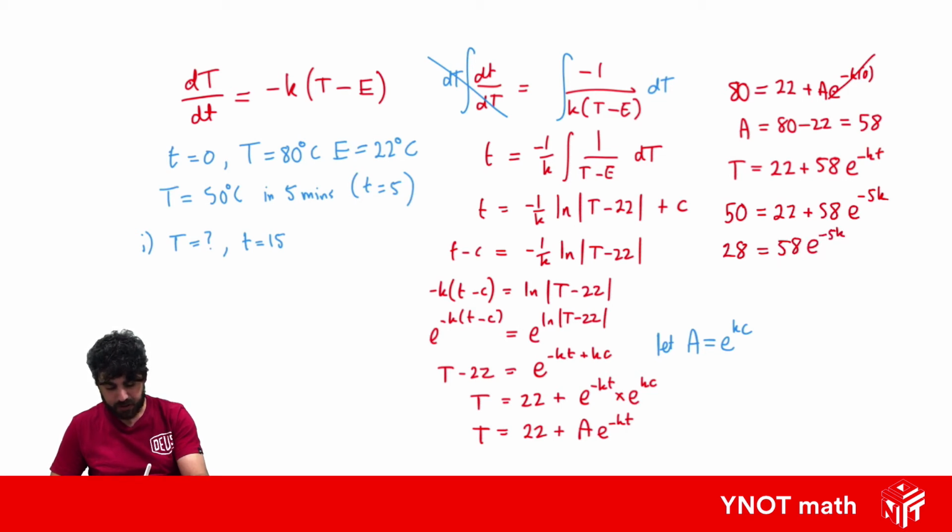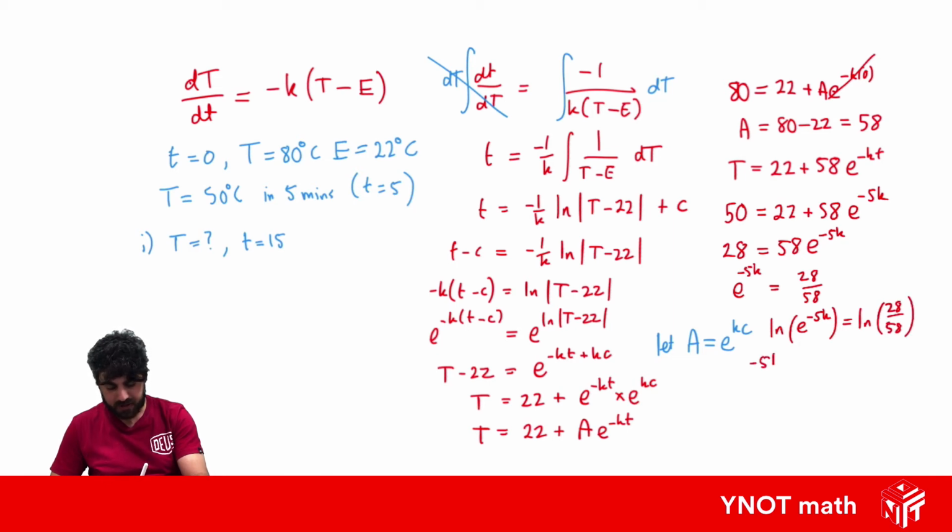Divide both sides by 58. So we're just going to have e to the minus 5k equals 28 over 58. Let's take the natural log of both sides. So we're going to get ln of e to the minus 5k equals natural log of 28 over 58.